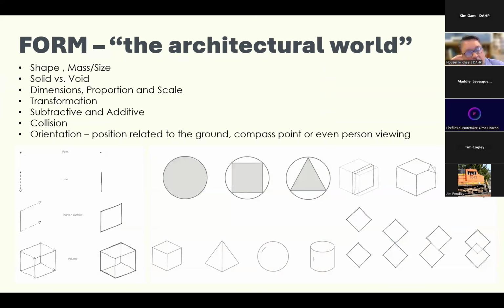In the architecture world, if you are a trained, licensed architect, you would think of building form as the mass, solids versus voids. These are terminology that they throw around: collision of shapes, the orientation of the building, subtractive and additive things, dimensions and proportions and scale. In the preservation world, we don't really think of building form in that much detail.